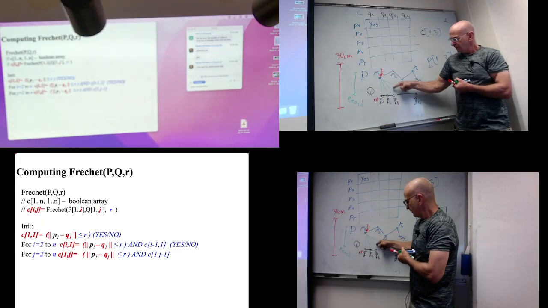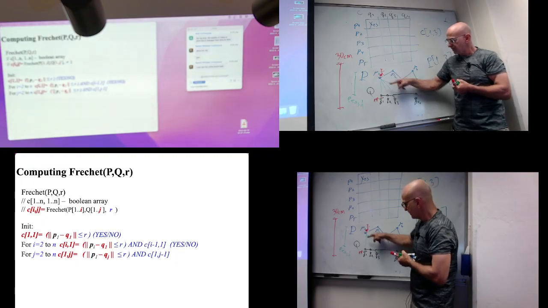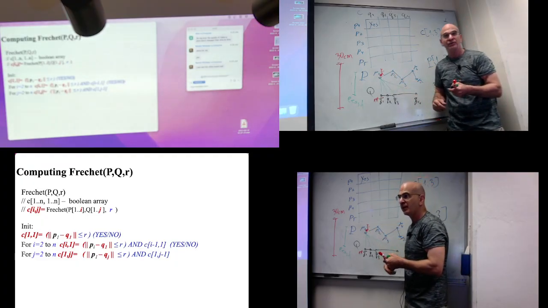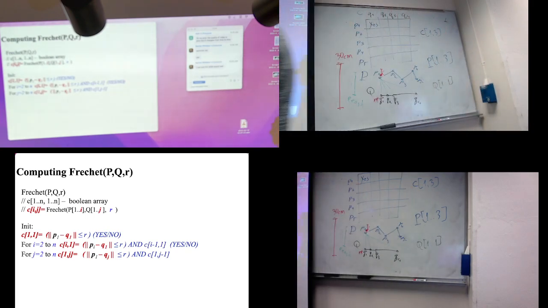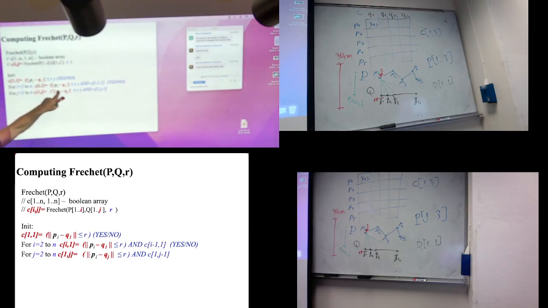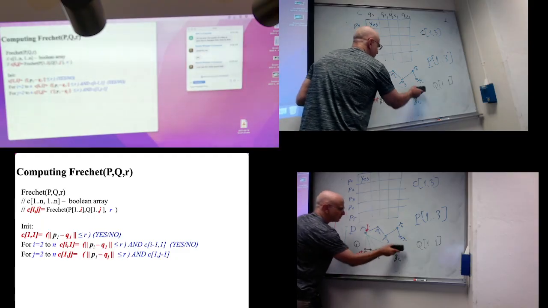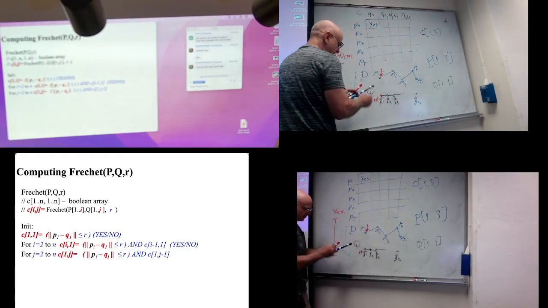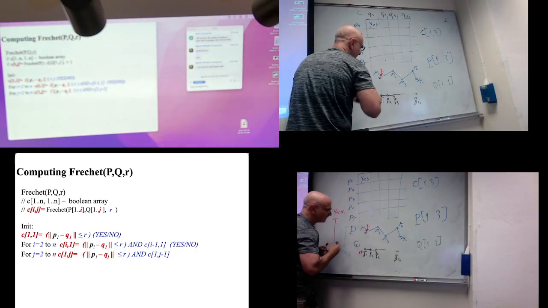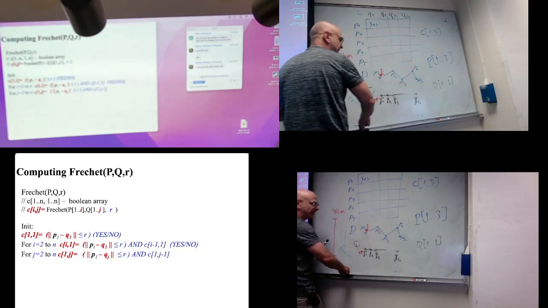So in particular, a necessary but not sufficient condition is that the distance from P1 to Q3 will be at most R. I'm sorry, I got it wrong. Well, the dog that is stuck to Q1, and I'm looking at P3,1.